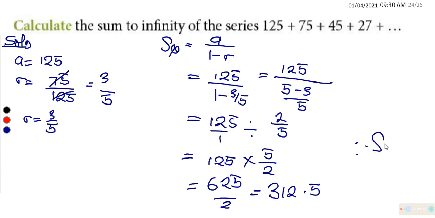So therefore sum to infinity of this GP is 312.5.